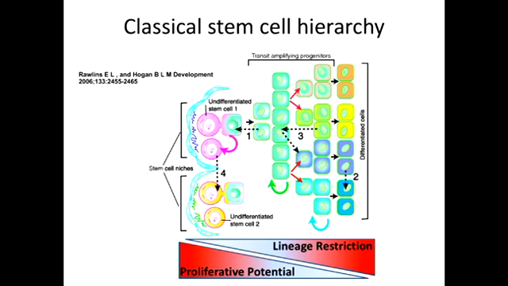So classically, and this is an example of an adult stem cell hierarchy, you might have different types of undifferentiated stem cells living within their niche, and they can respond to proliferative cues within the microenvironment to produce progeny, which may start to become determined down a particular lineage.